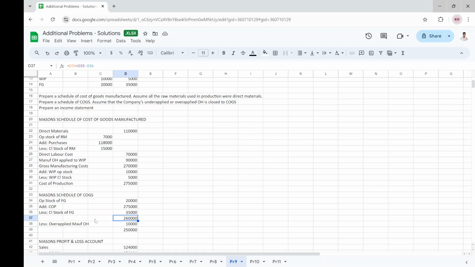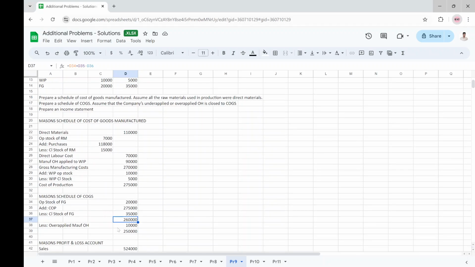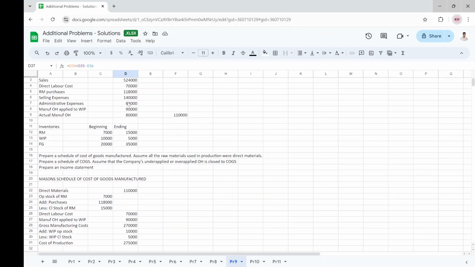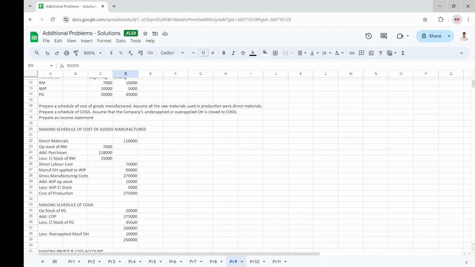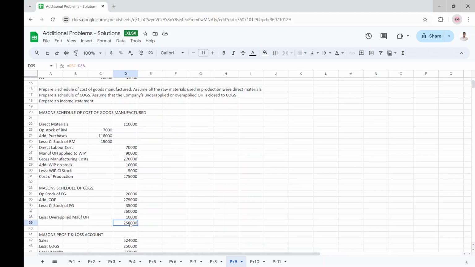After that you are decreasing the over applied overhead. Manufacturing overhead applied was 90,000 but actual was 80,000, so 10,000 was over applied, so less it and you will get actual cost of goods.